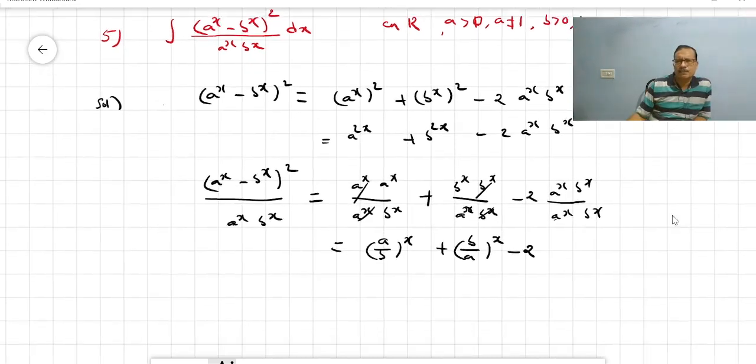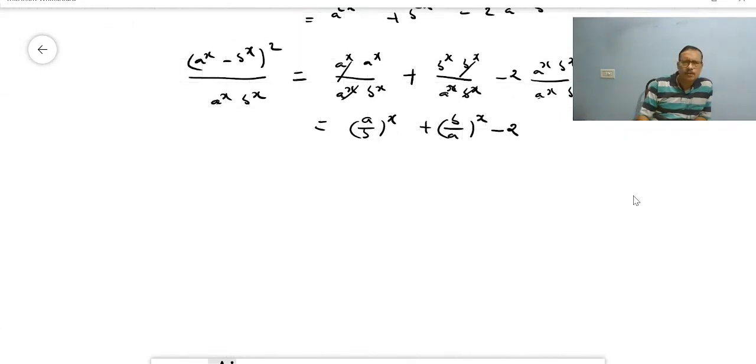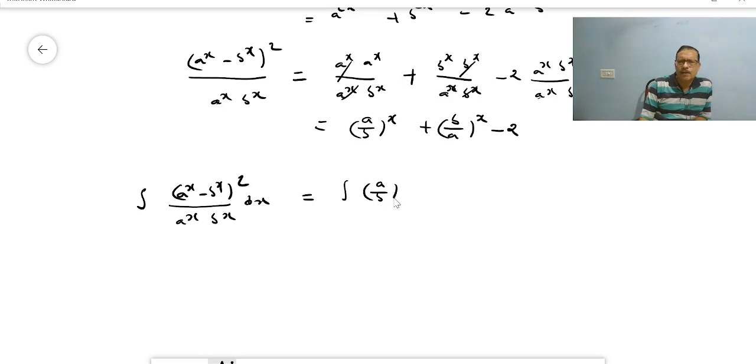Now we integrate this function. Now integral of a power x minus b power x whole square by a power x into b power x dx. So this is equal to integral of a by b whole power x dx plus integral of b by a whole power x dx minus 2 into integral of 1 dx.